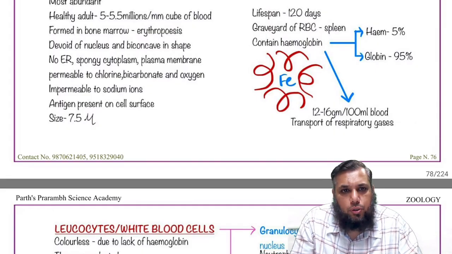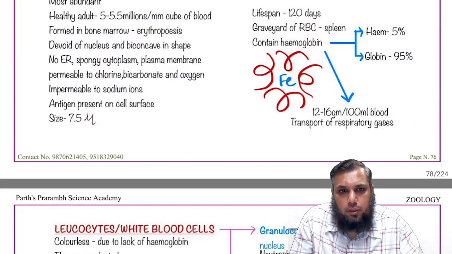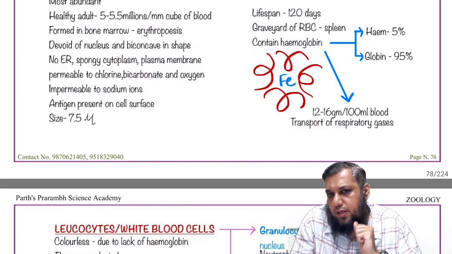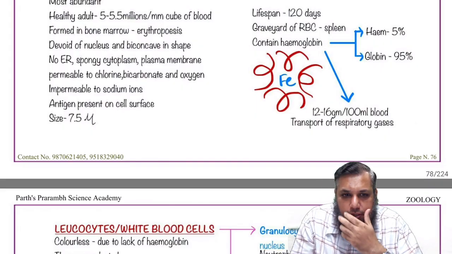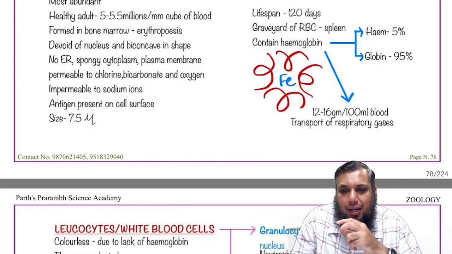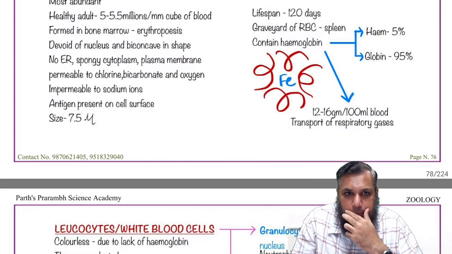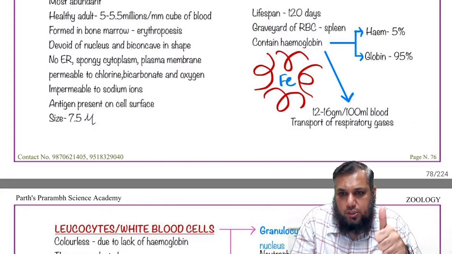Then, dear students, the shape and the structural modifications of erythrocytes are many, with the help of which the erythrocyte is able to carry a huge amount of oxygen and hemoglobin. Okay, what are they? First, it is biconcave, so it provides more surface area for exchange of gases.